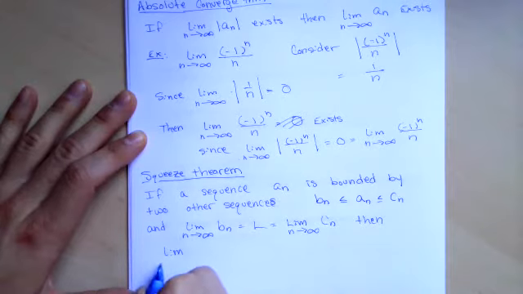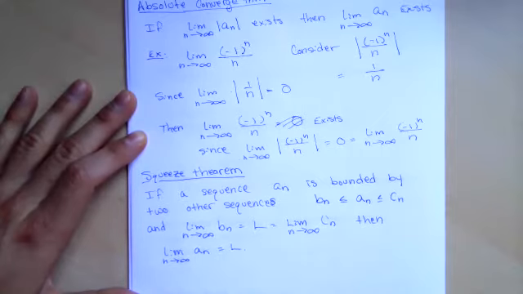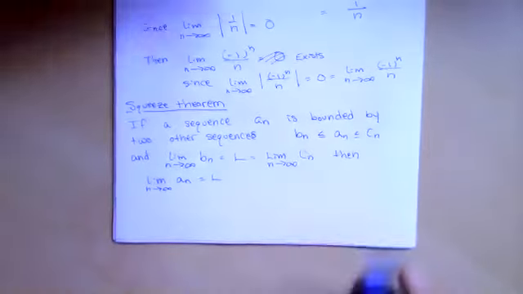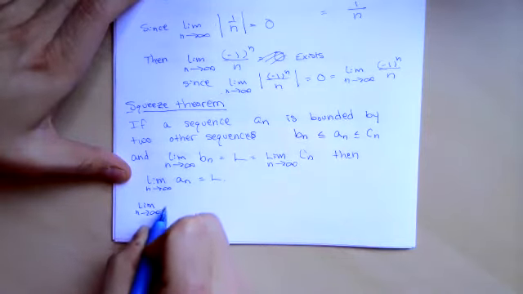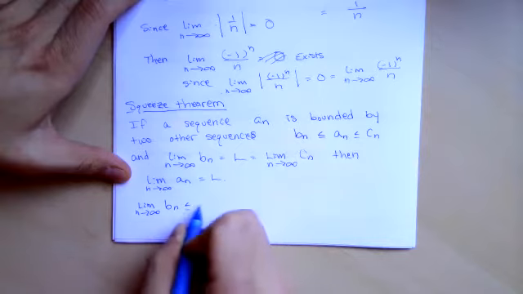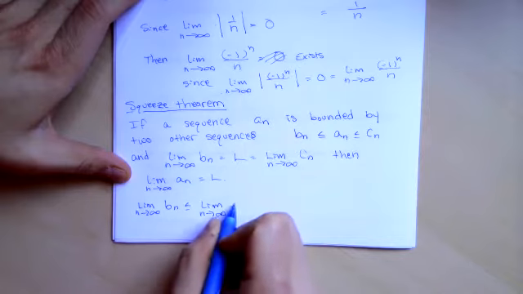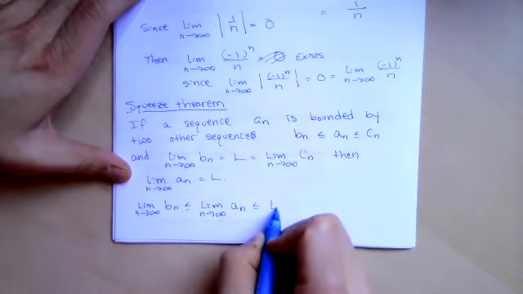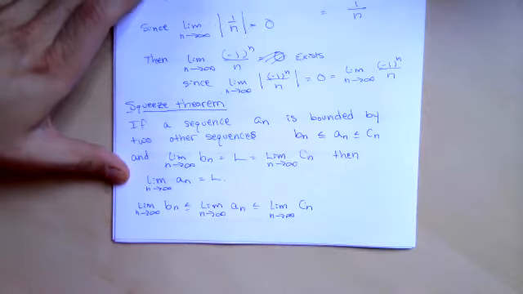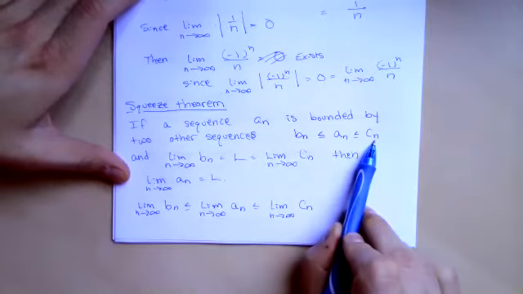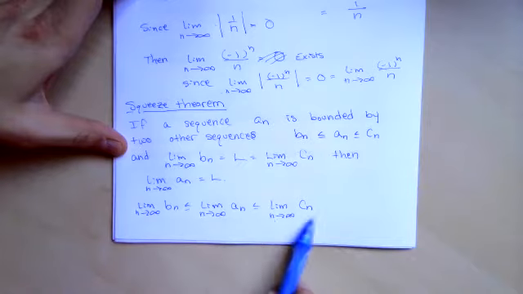So let's just finish the statement of the theorem. And then let me write out that shorthand. Essentially, it's this. If we apply the limit here to our inequality, since this inequality holds for all n, then it has to hold in the limit as n goes to infinity.